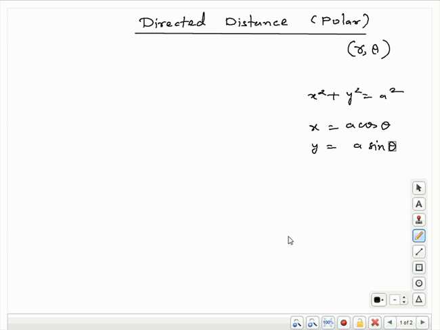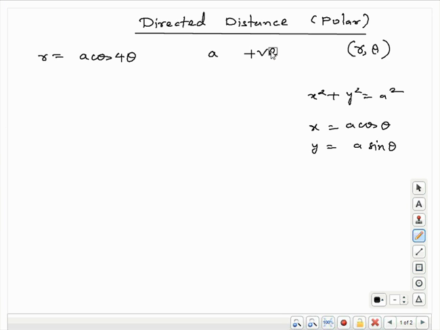This is the concept of directed distance. Now we can discuss that problem. If I remember correctly, this was a problem. r equal to a cos 4 theta.